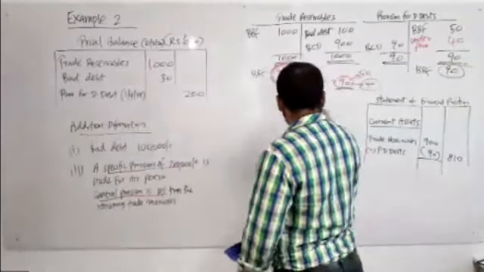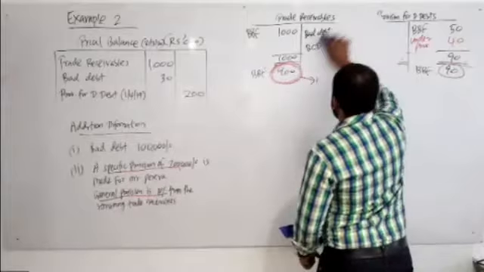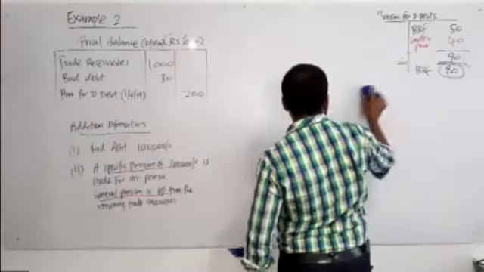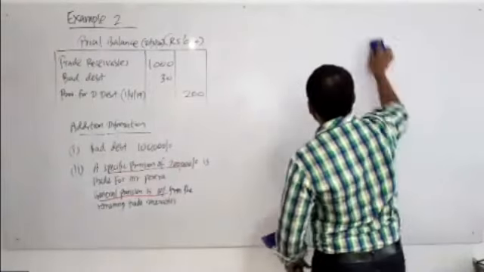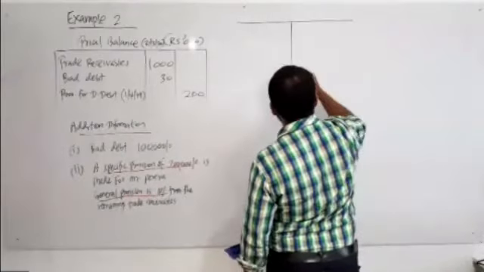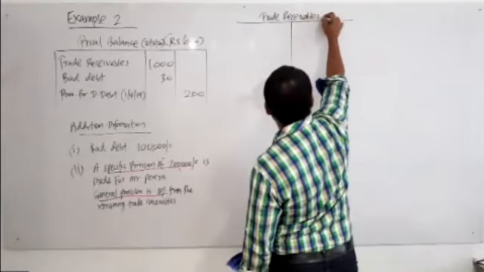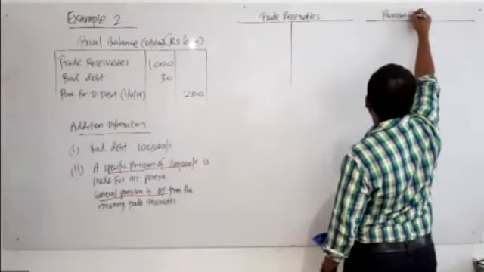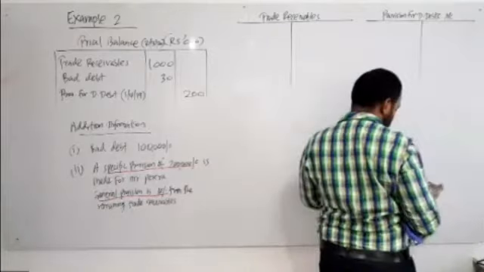So draw the formats. I'm going to draw the trade receivables account, and the provision for doubtful debt account.